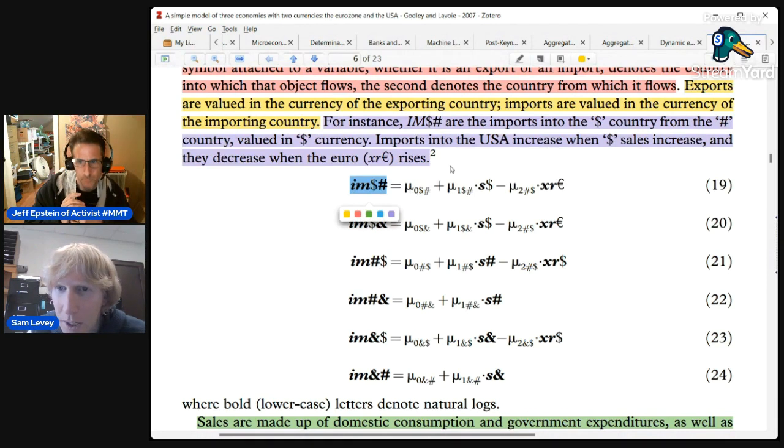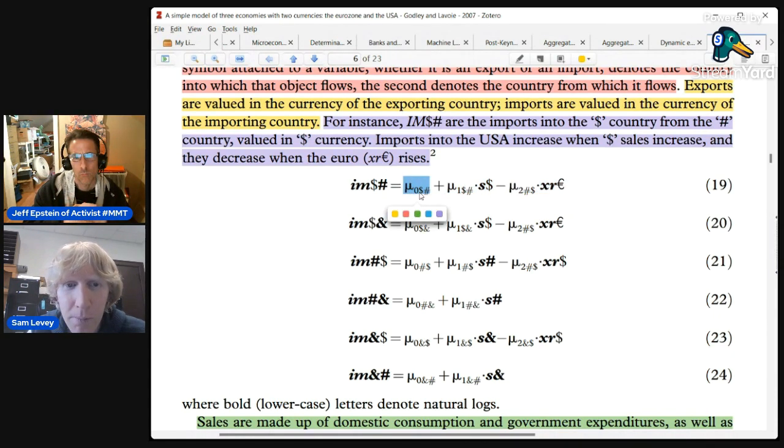Okay. So this equation has 3 terms in it. Let's just look at the first one to start. Mu here is just some parameter. It's just a constant, just a number. If we forget about these other terms for a second, if only this first one were here, then this equation would be telling us that U.S. imports from the pound country are just this number, whatever that is.